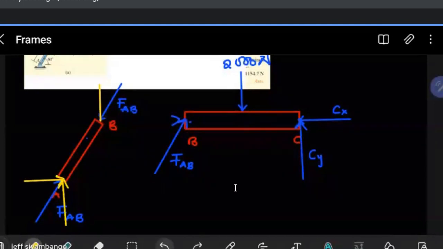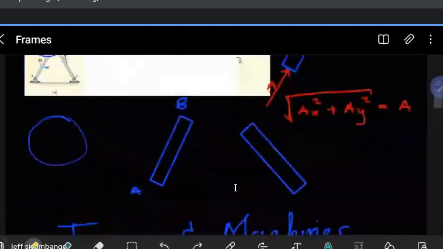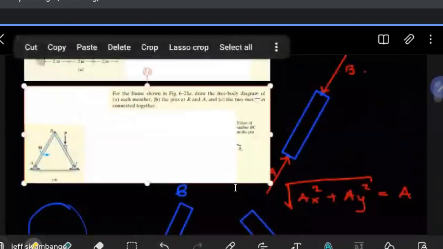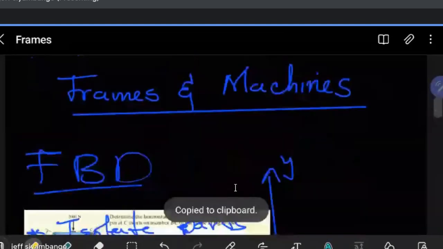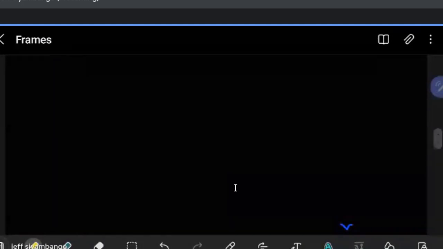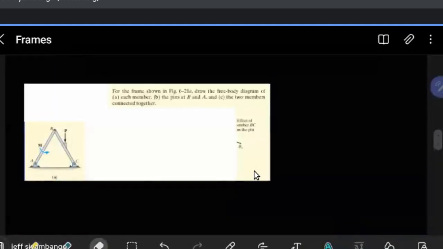Let's look at another example. Let's pick this one, and let's try to draw a free body diagram for this question. So try to go through the question and understand what is happening here.